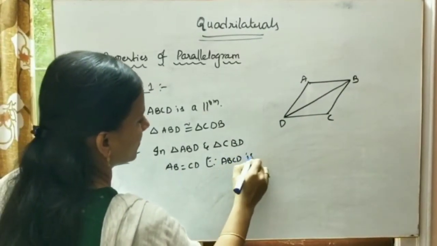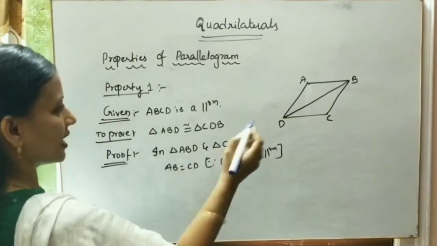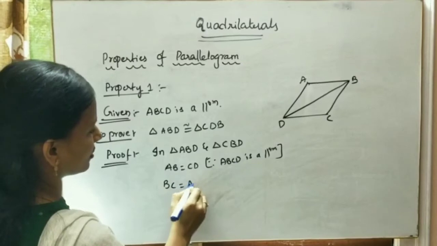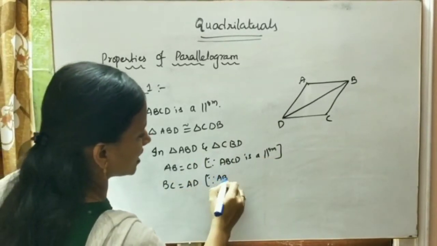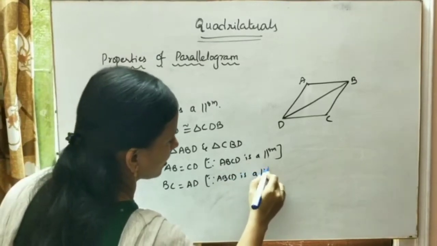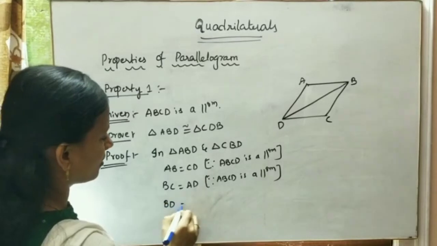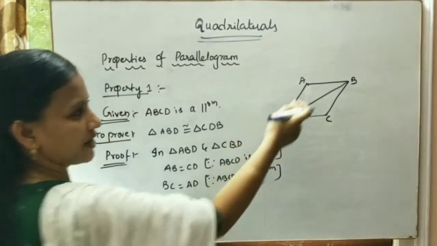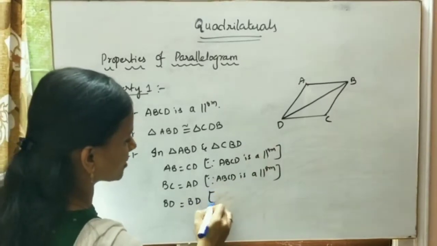And BC is equal to AD, since ABCD is a parallelogram. And BD is the common diagonal for triangle ABD and for triangle BCD. BD is the common side.